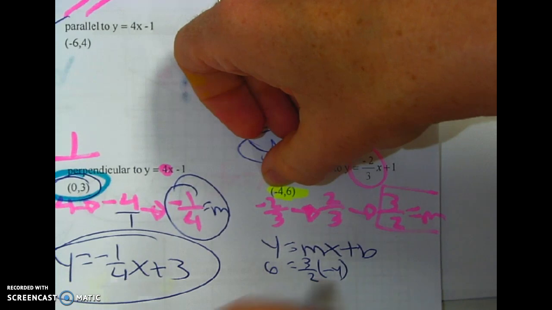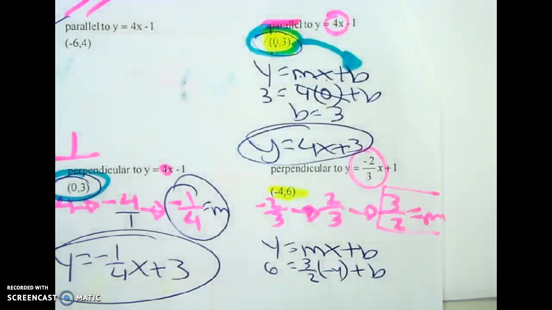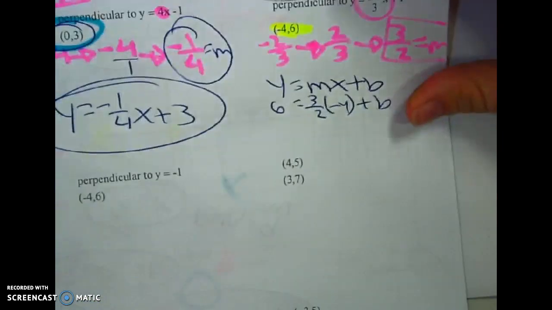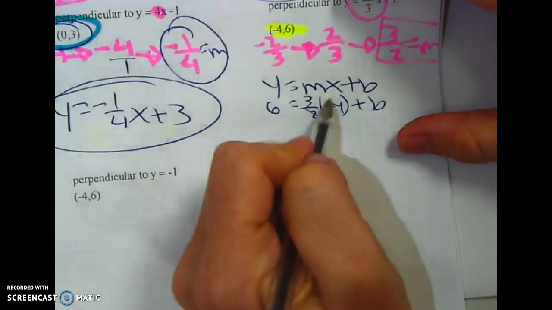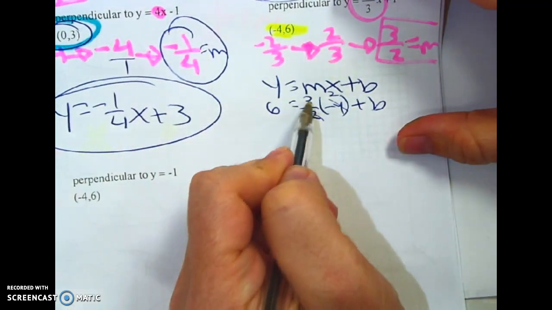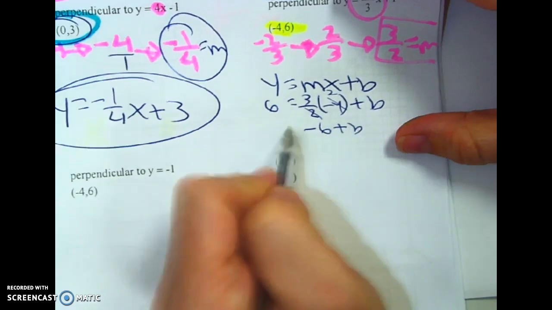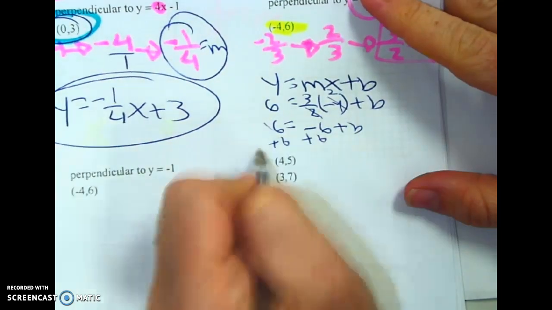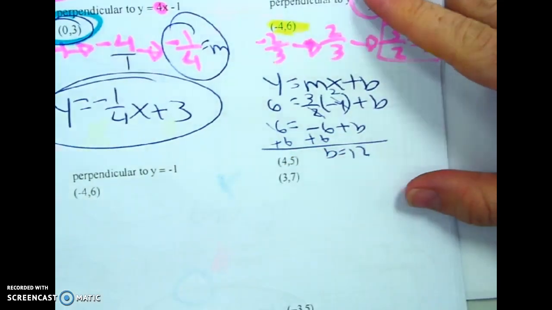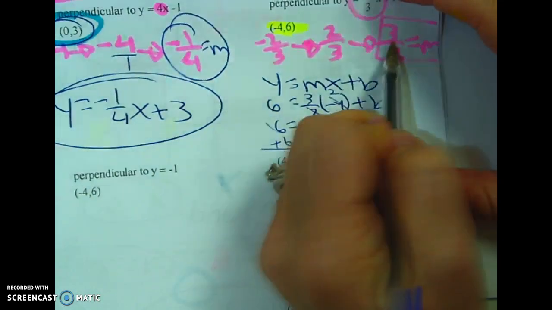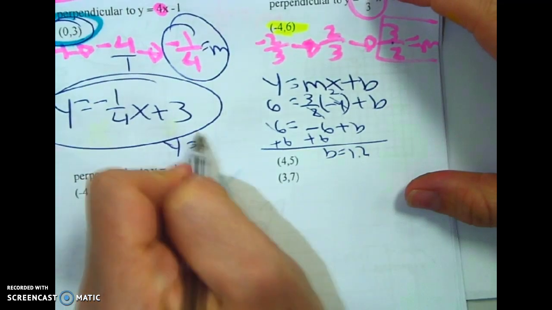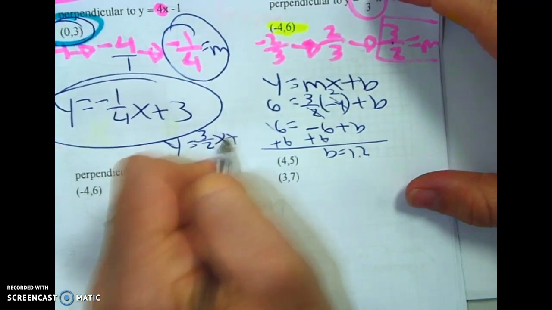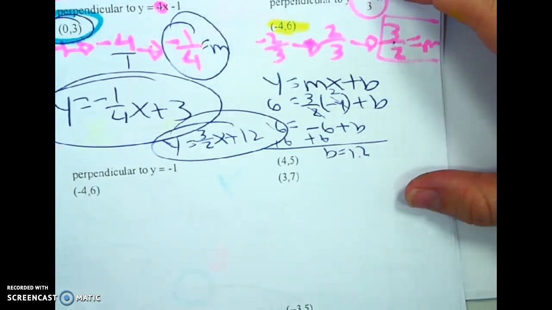Negative 4 is my x plus b. Some of you will use a calculator, but what I'm hoping is that some of you go 2 goes into 4 2 times, and 3 times negative 2 is negative 6. Careful about going too quickly and canceling, because you have to do the opposite. So my b is 12. There's my m, there's my b. Y equals 3/2 x plus 12.